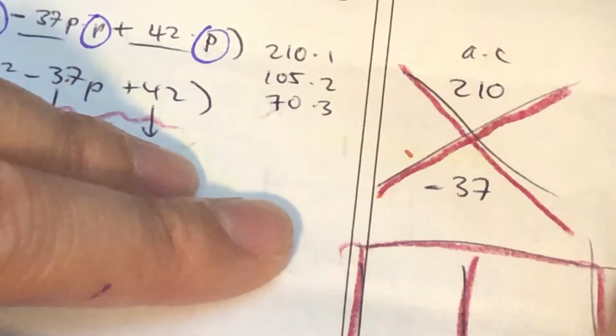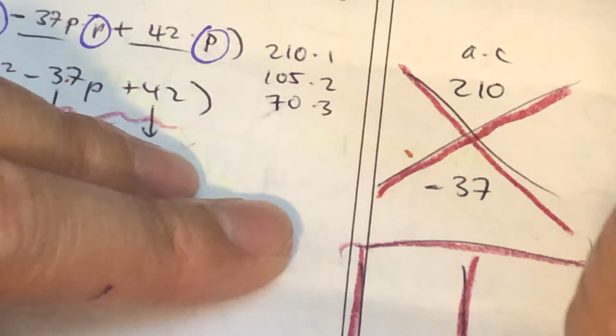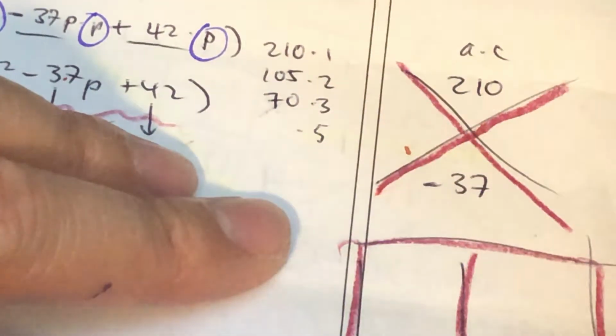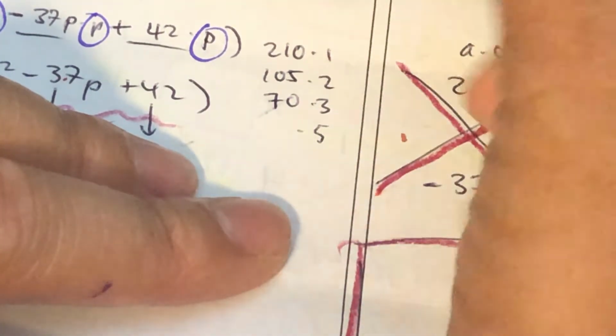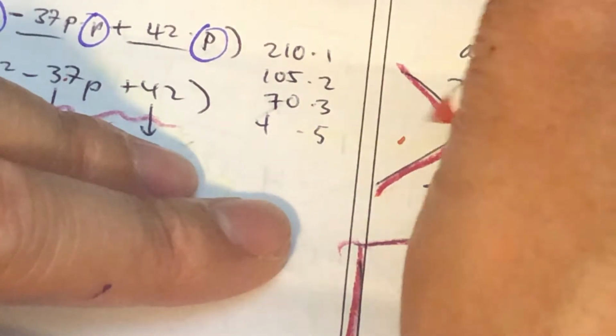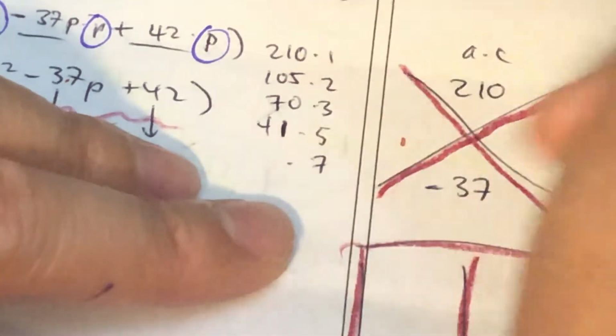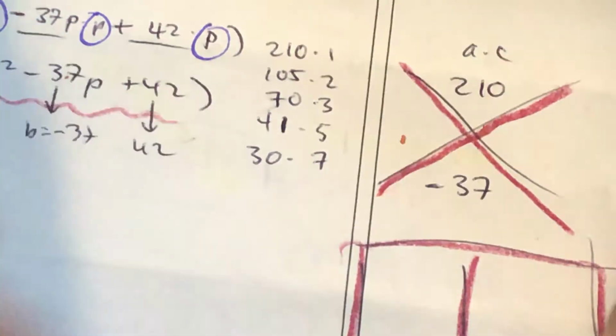So 210 times 1, 2 times 105, 3 times 70, 4 does not work, 5 is going to work, 5 goes into 21 4 times, and then 5 goes into 10 1 time. 6, 7, I get 30.